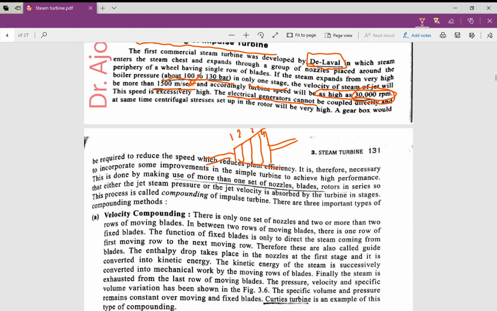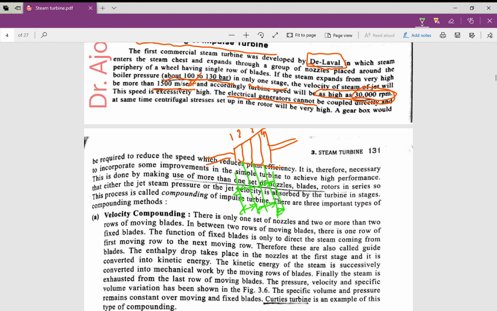If total enthalpy is consumed from, let us say, here to here, now in 4 stages, some part of enthalpy is utilized here, another part is utilized here, another part is utilized here, and another part is utilized here.